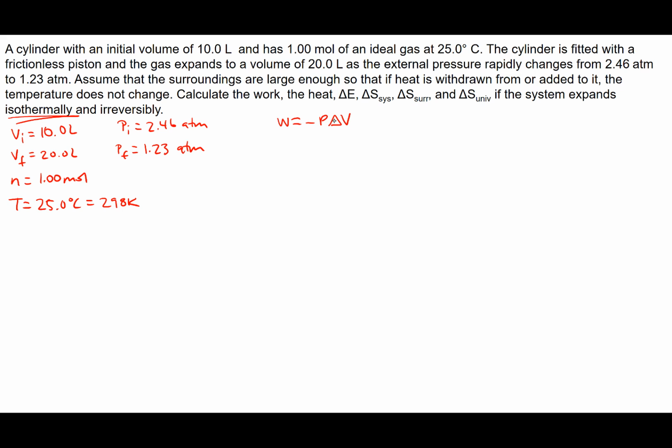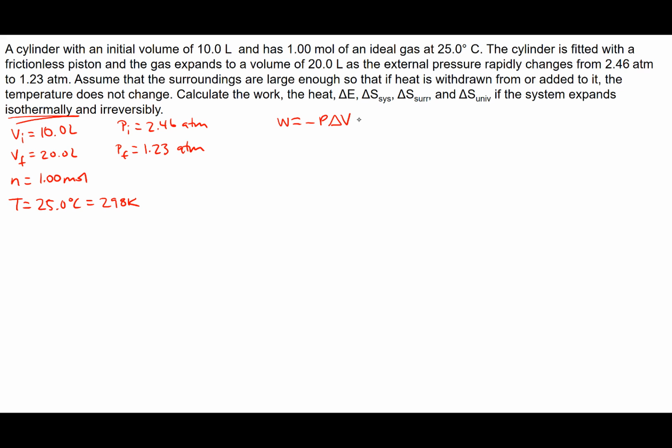The way to consider this is that the pressure drops very rapidly, going from 2.46 down to 1.23 atmospheres, and then the change in volume happens. That's a very important thing, because if you calculate it at 2.46 atmospheres, you're going to get a very different answer for work. Because we're looking at the final pressure, that's the value we're going to plug in.